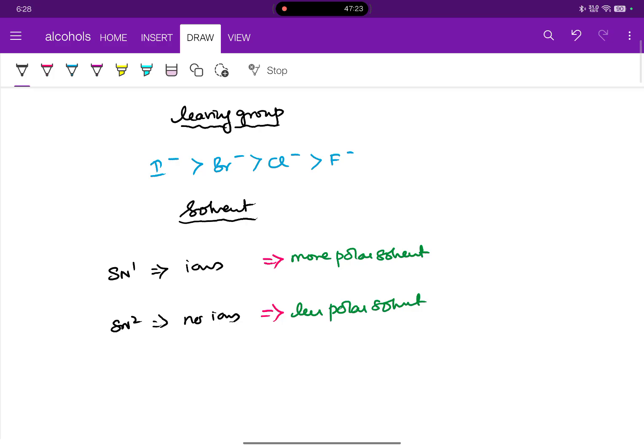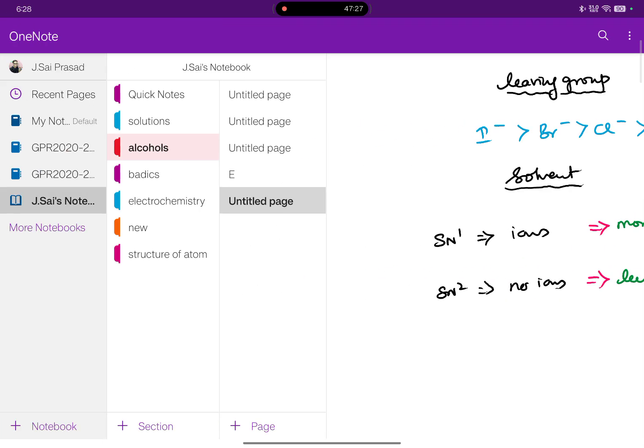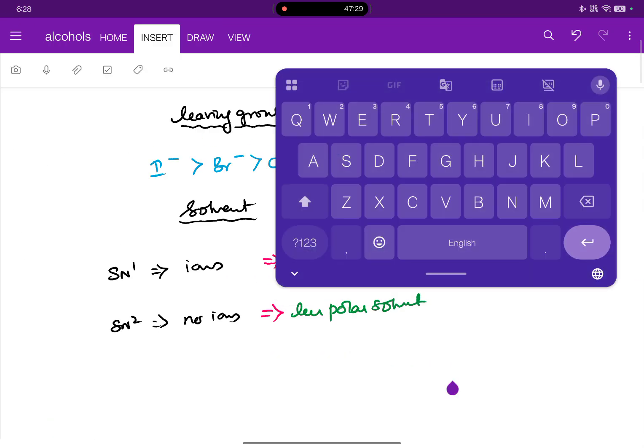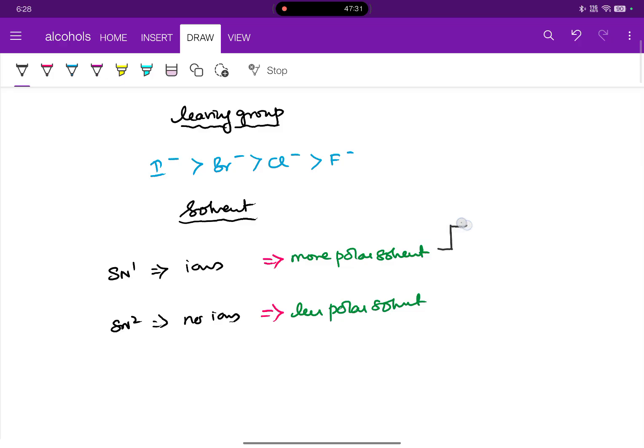Now how do you increase the polarity of a solvent that is already polar? Very simple. You use a polar protic solvent, which can produce more ions. Another option is a polar aprotic solvent, which will not produce any protons.